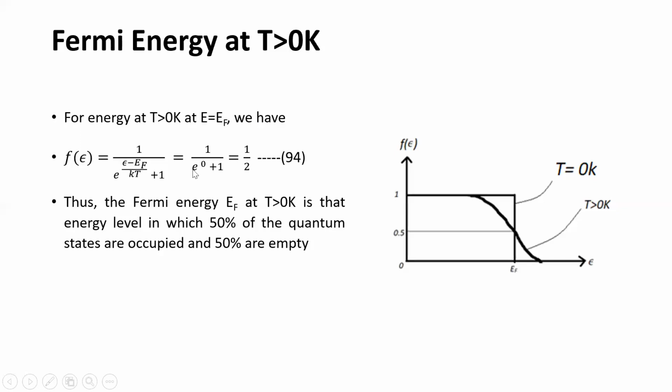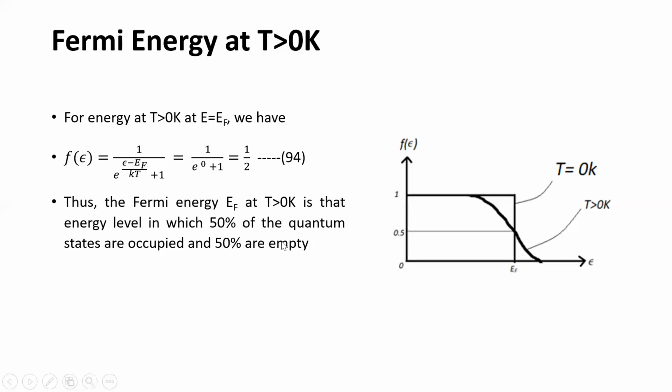So 1 by e to the power of 0 plus 1. We know that e to the power of 0 is 1. So 1 by 1 plus 1, so half. So F of E becomes half. Thus the Fermi energy EF is that energy level in which 50% of the quantum states are occupied and 50% are empty.